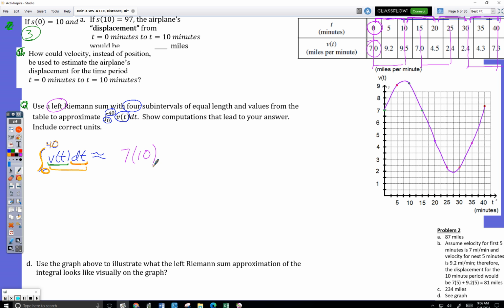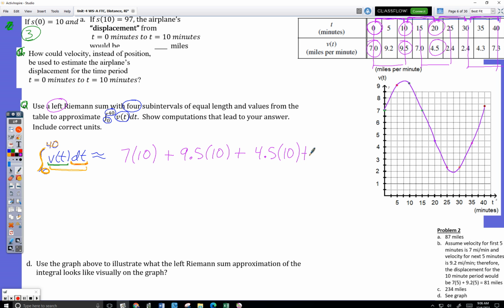So now I go to the next subinterval, I pick the time on the left, I pick that velocity. That velocity endures for 10 minutes. I do it again for the next subinterval, 4.5, multiply that by 10 minutes.